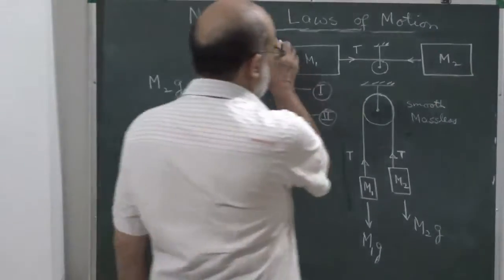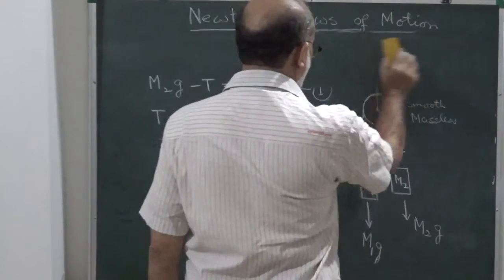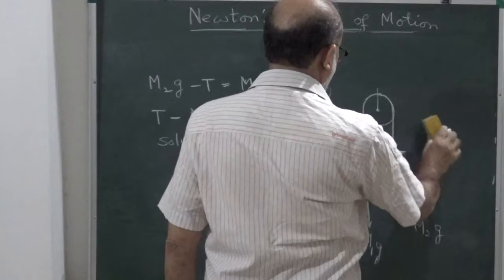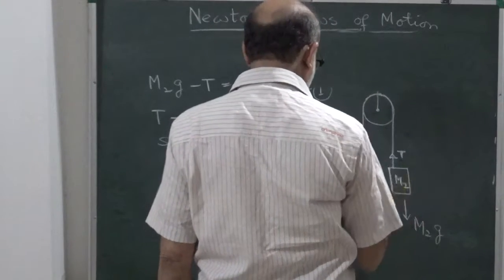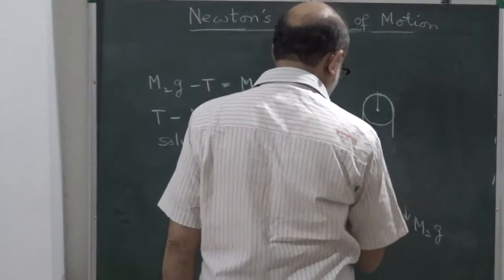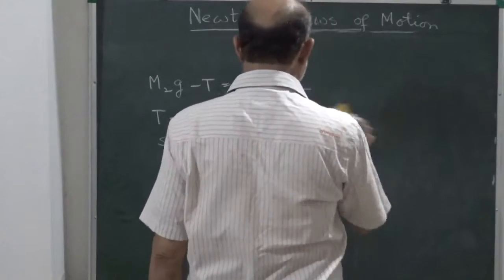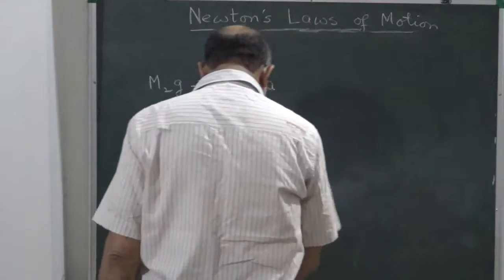Now let the two blocks be hanging. One block is on the table and another one is hanging by the pulley. Suppose this is another example.